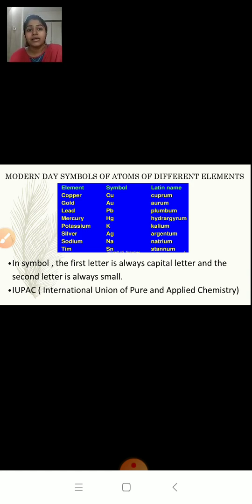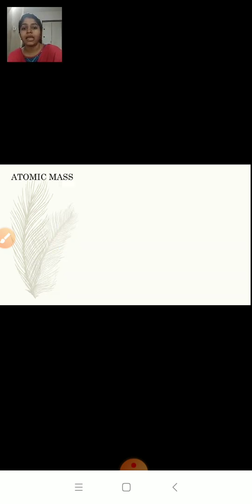The full form is International Union of Pure and Applied Chemistry. IUPAC is an organization which contains chemists from different countries as members, and these members approve the names and the symbols. So I hope you have understood symbols of elements.